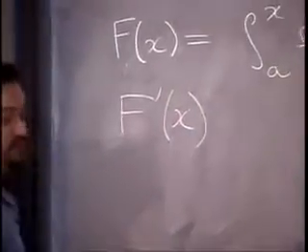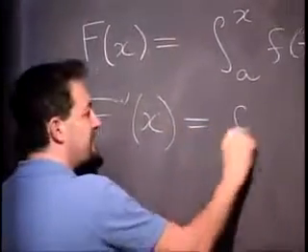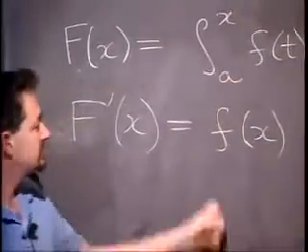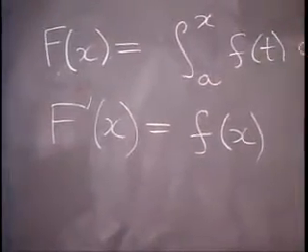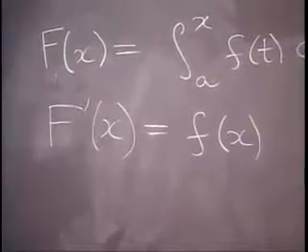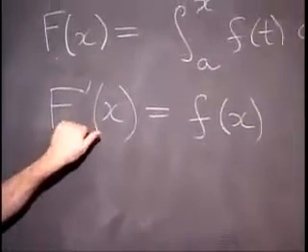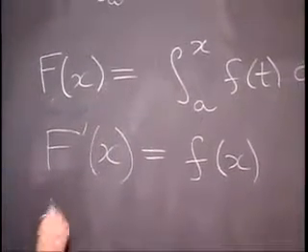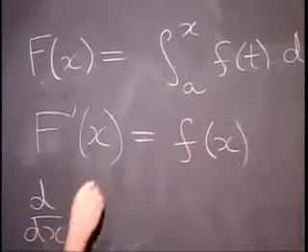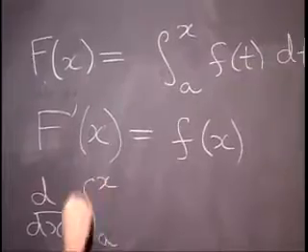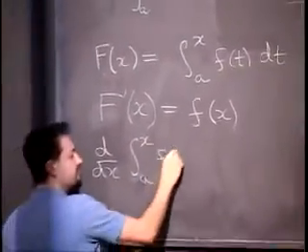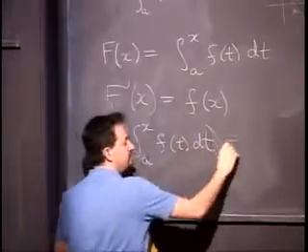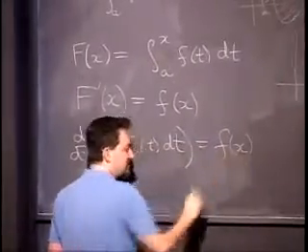So capital F is differentiable, and its derivative is just the original function, little f, but evaluated at x. And I did state this last week. Since this is the derivative of F, which is this, we can also write it using the d dx notation as the derivative with respect to x of this weird integral function is just little f of x.